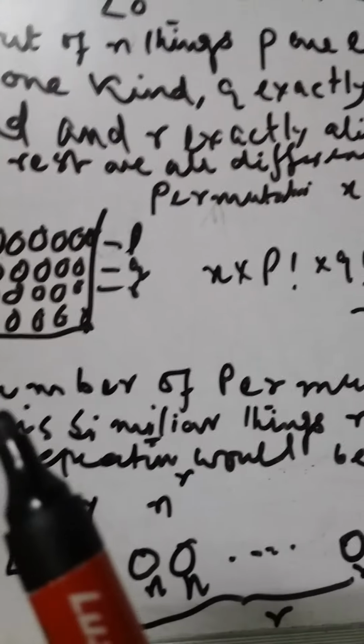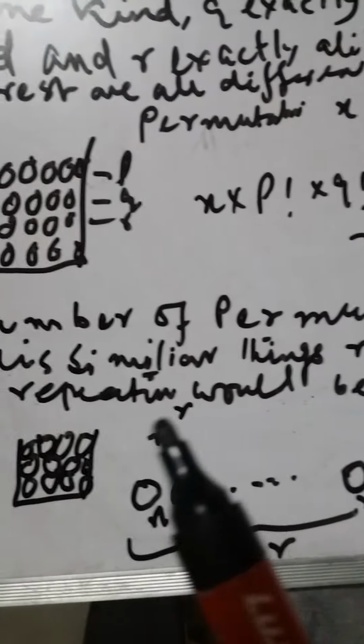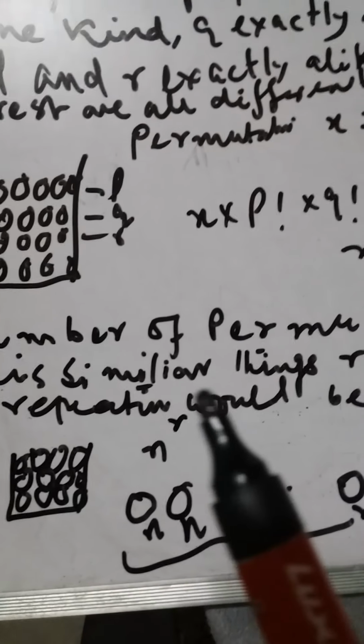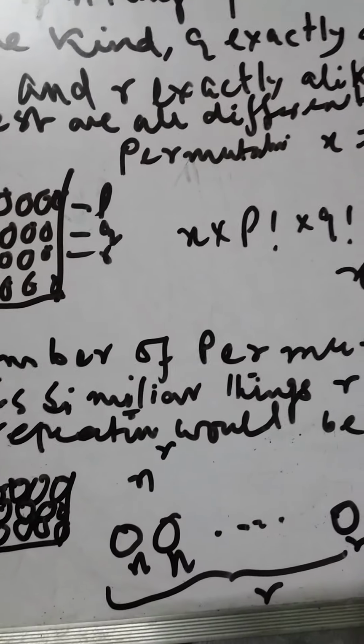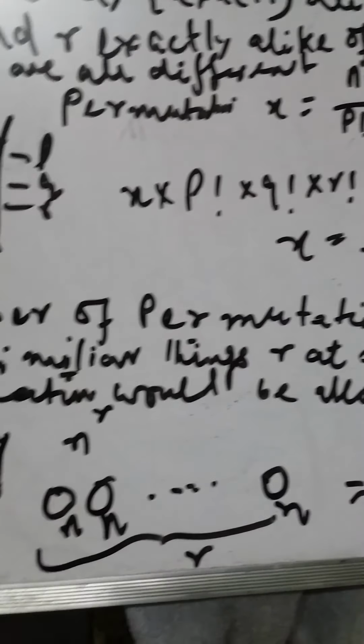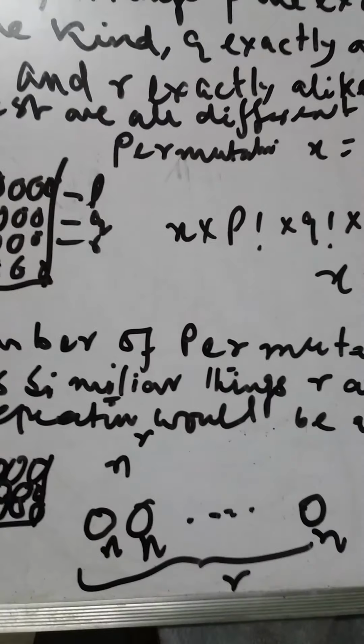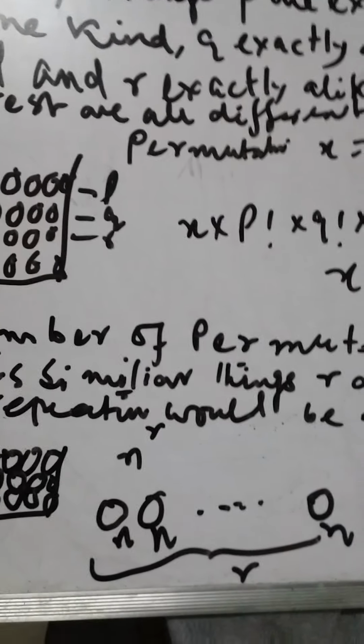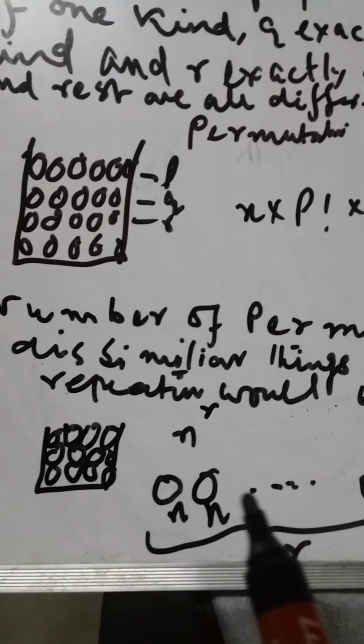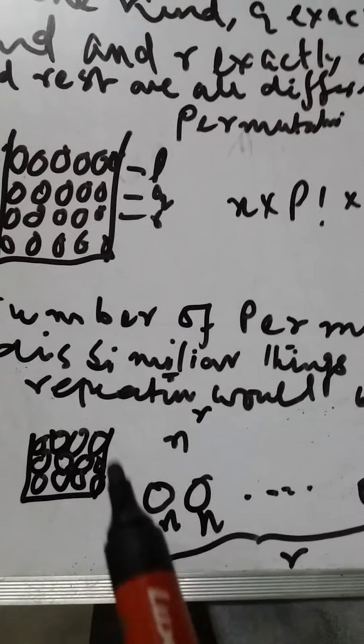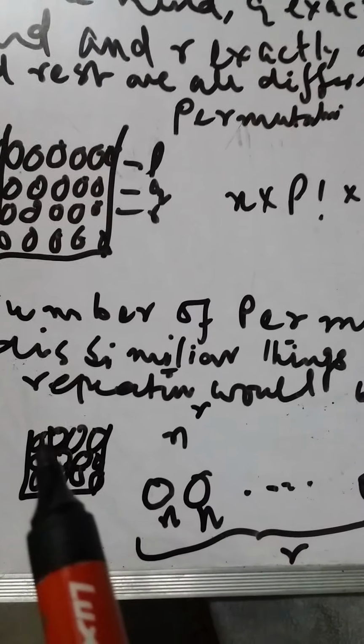Now, the number of permutations of n dissimilar things taken r at a time, but repetition is allowed. Repetition allowed means you can take one thing more than once. Let us suppose there are n different things.